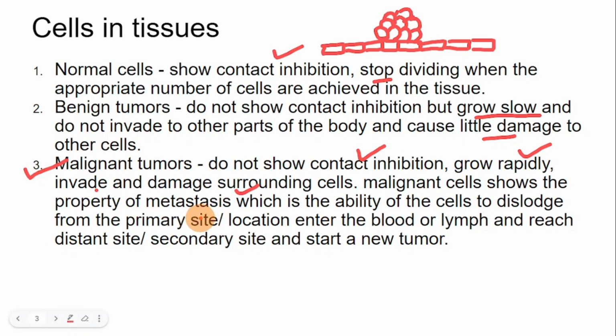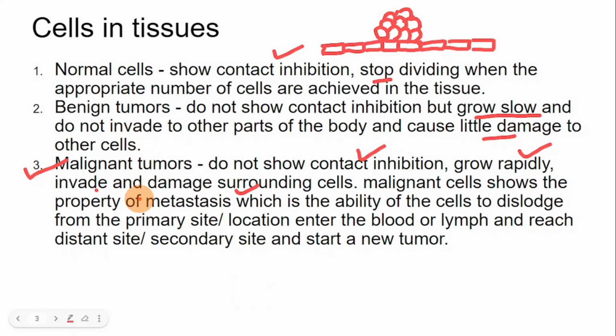This is what was asked in the question. Metastasis is the ability or property of the cells to dislodge from the primary site, the location, and enter the blood or lymph. This is used for circulation. And then they reach a distant site, which is called the secondary site. So this is about malignant tumors.